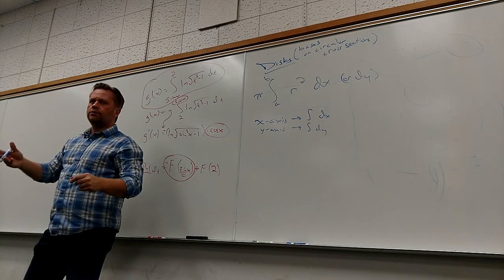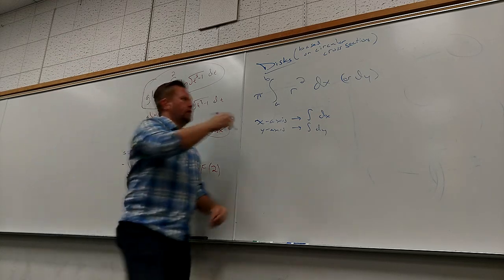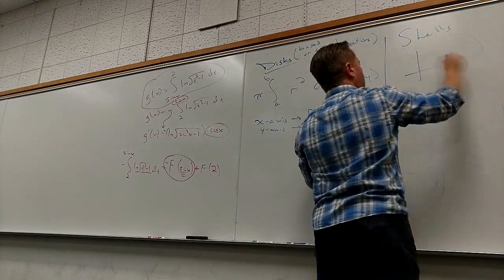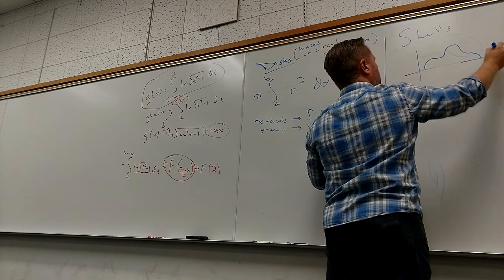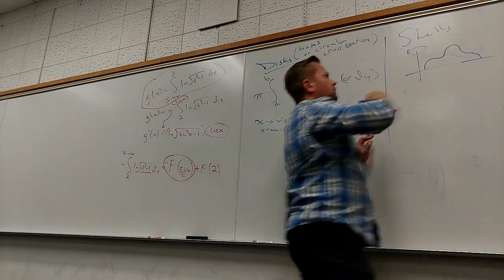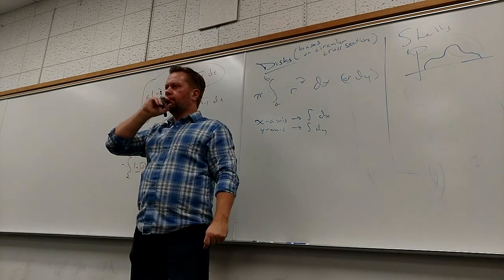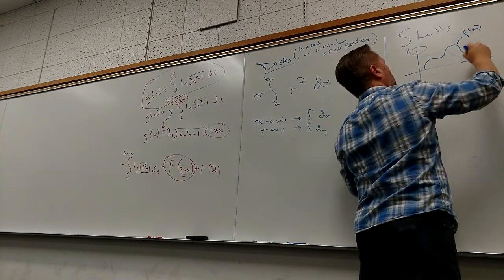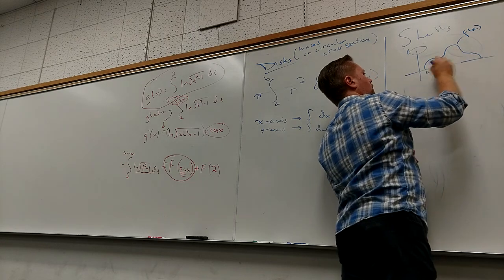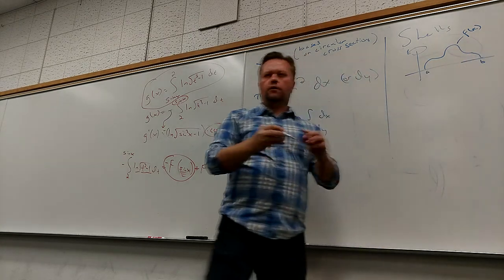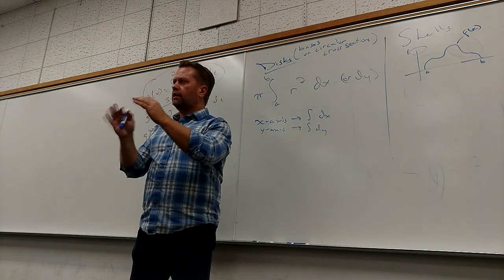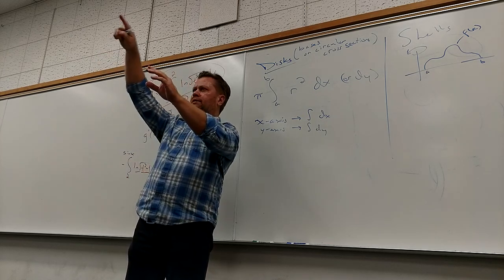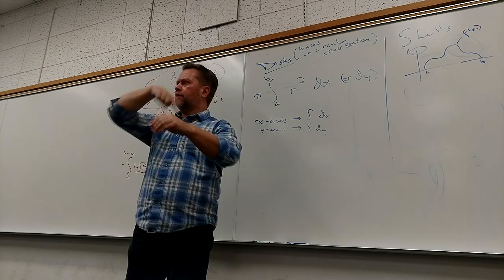Whereas shells, how do I locate the rectangles I'm dealing with? So let's say I have to rotate around the y-axis. With shells, if you just keep the picture in your mind, the rectangle's got to stand parallel to your rotation axis.